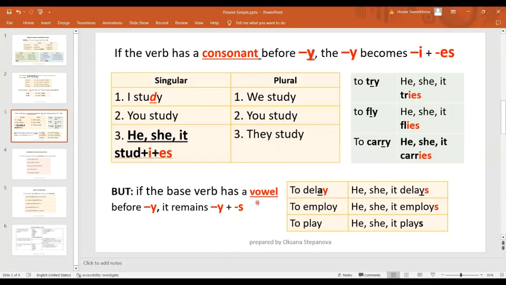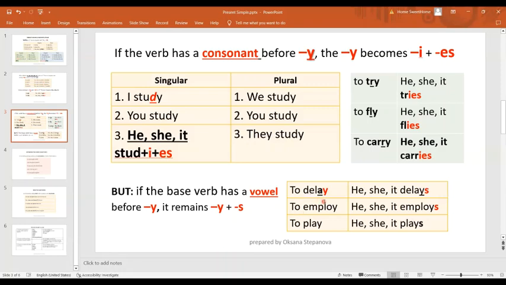How many vowels do you know in English? There are 5 vowels. A, E, I, O, U. A, E, I, O, U. We are the vowels. All right.